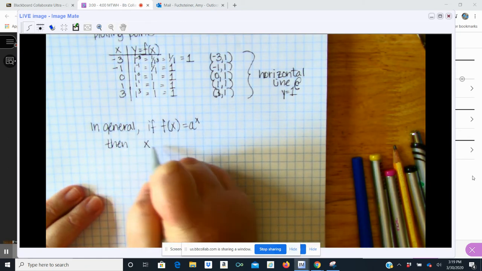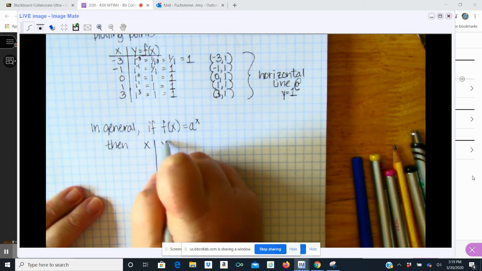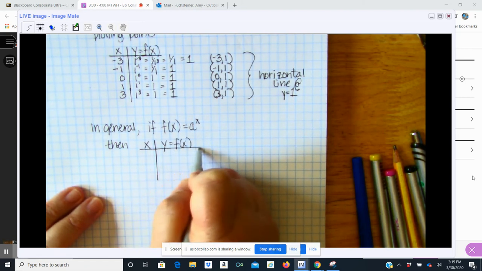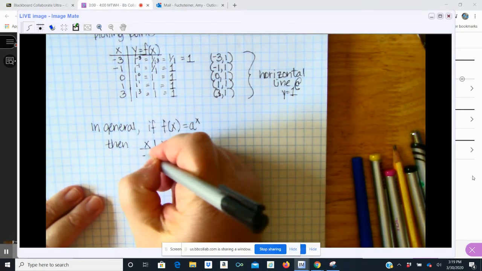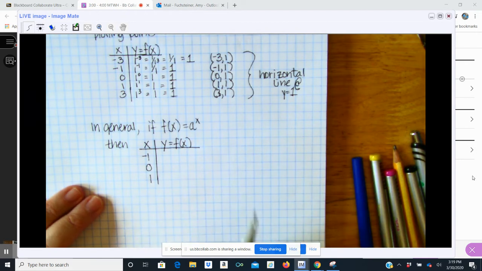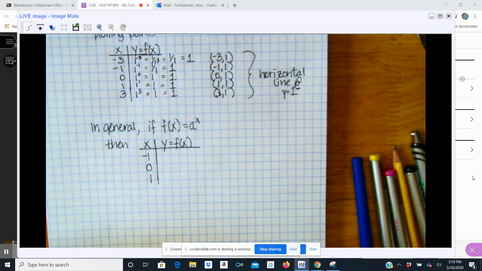That if we plot our xy, just those 3 points, -1, 0, and 1. Knowing this little general rule can be extremely helpful when plotting logarithmic functions.